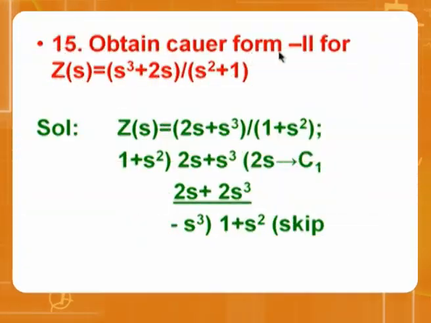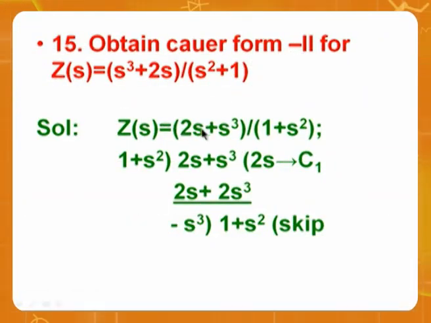Okay. Then obtain Cauer form 2 for the same. See, look here. Same means one is ascending order, second is descending order. Please see, in the first, form 1 is descending power. Normally we always have a habit of higher to lower, which means descending, whereas here I am going ascending.